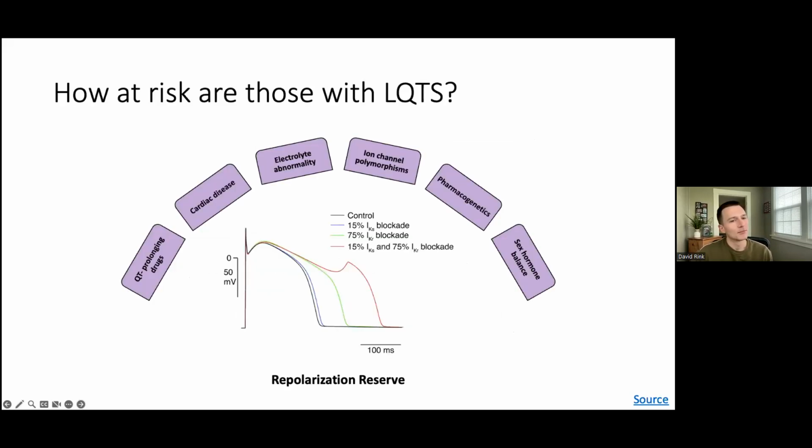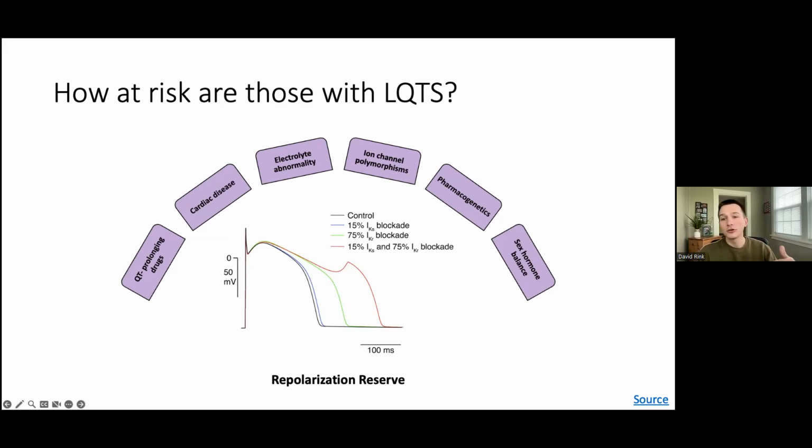So let's see if we can unpack this a little bit and try and come up with a better way of understanding people's risk. I think that the current thinking around risk associated with a prolonged QT interval and the development of torsades is best described using this concept of the repolarization reserve, which postulates that repolarization is modulated by multiple partially redundant mechanisms.